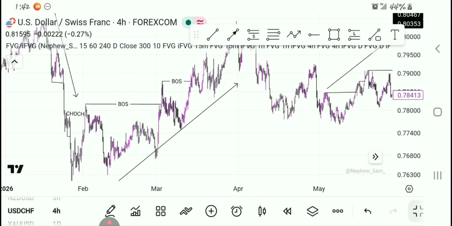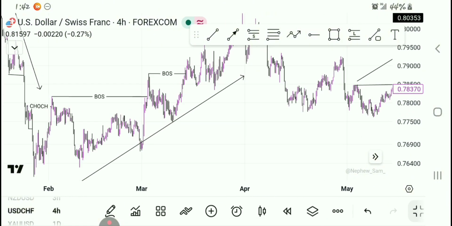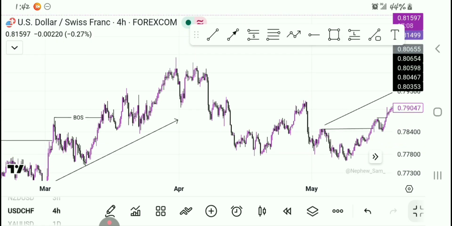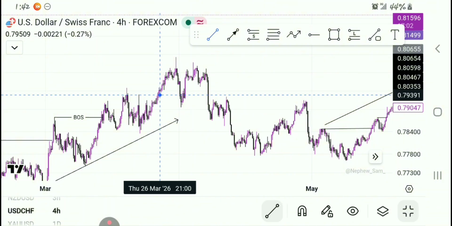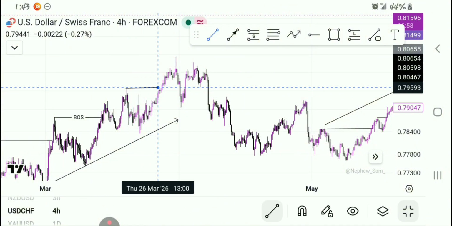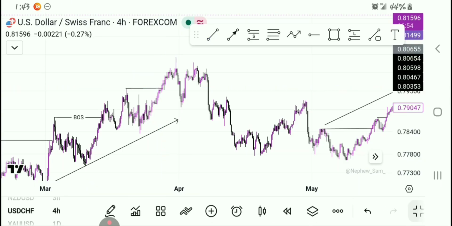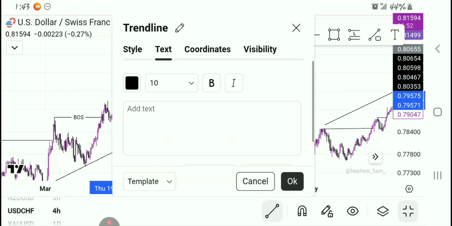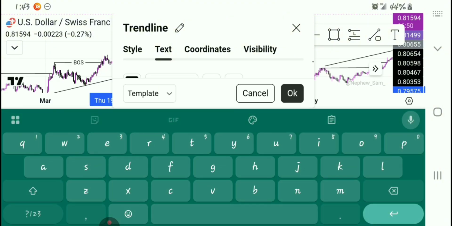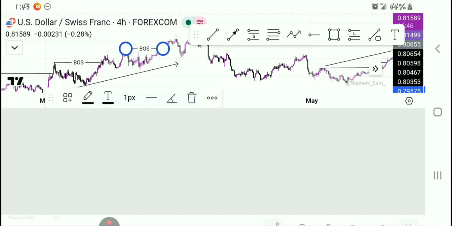Then the change of character occurred again, because after we mark this as our last breakout structure, that's our last breakout structure.